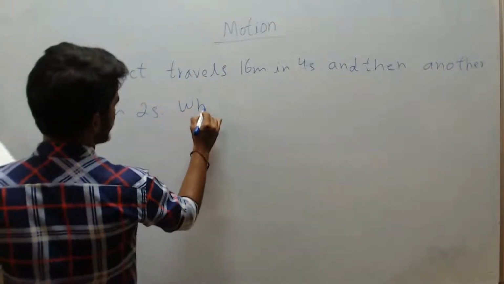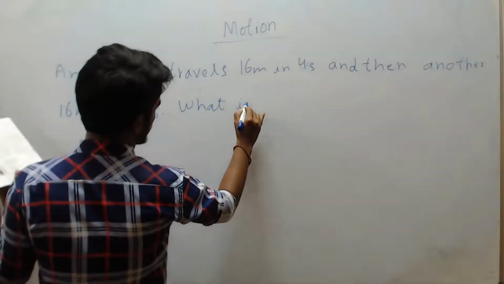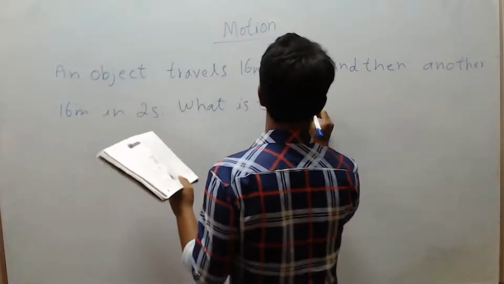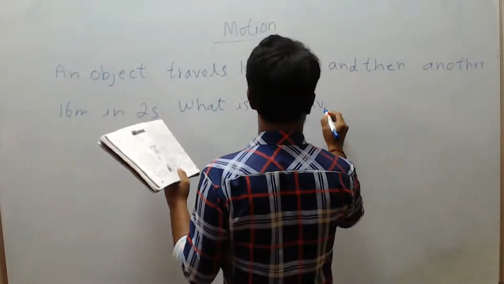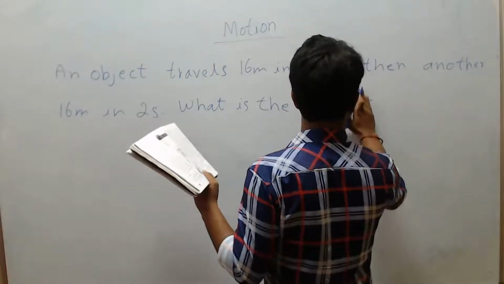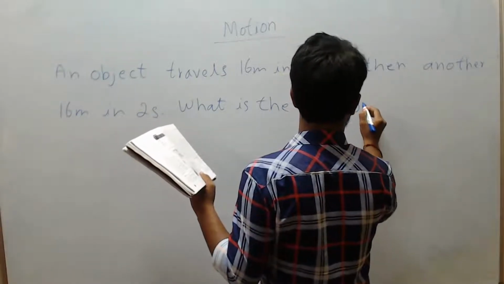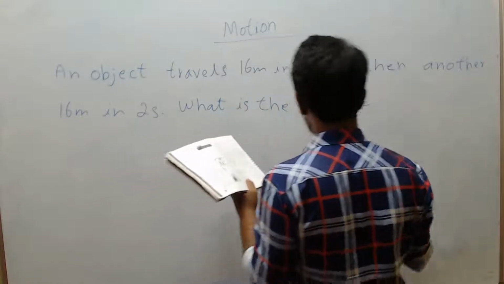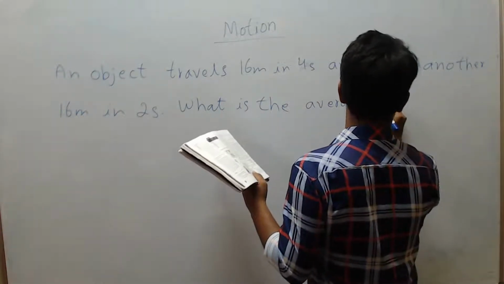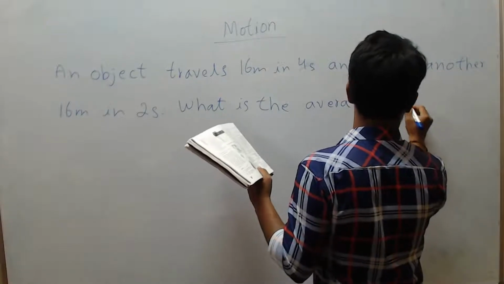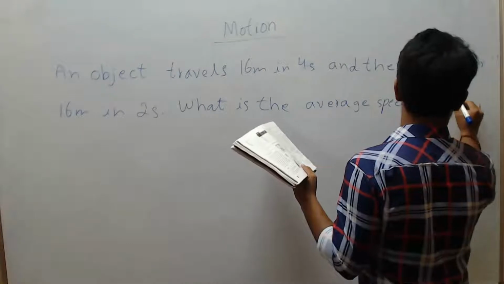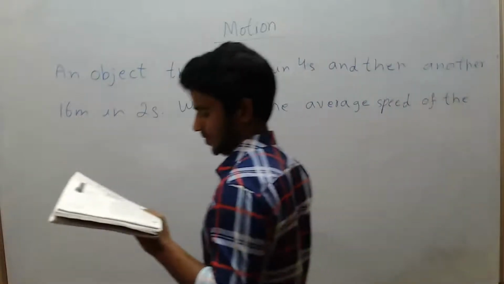What is the average speed of the object?